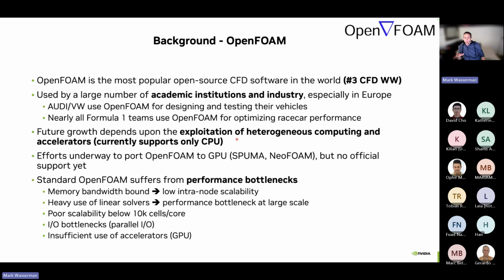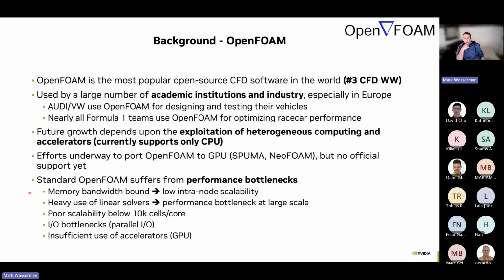But for us, currently, the main branch of OpenFOAM only supports CPU, mainly because it's open source and developed mainly by the open source community. Sorry. There are efforts underway to port OpenFOAM to GPU, but there is no official support yet, and therefore in this task specifically, we will focus only on the CPU execution.